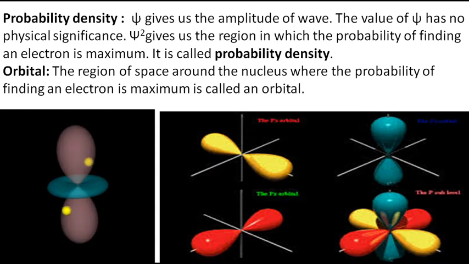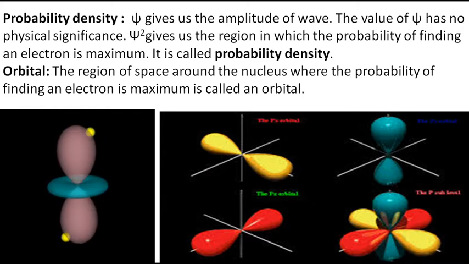Do you know what is the shape of an s orbital? It is spherically shaped. What is the shape of a p orbital? Now only the concept of orbital is coming into play. Till now we were talking only about orbits. What are orbitals?